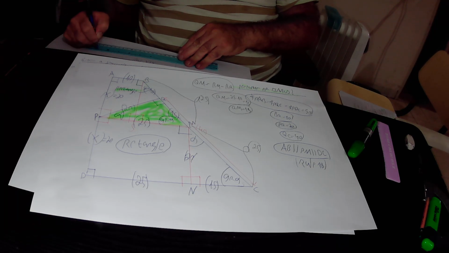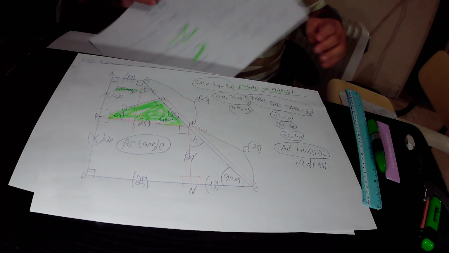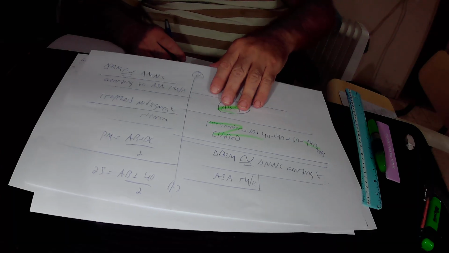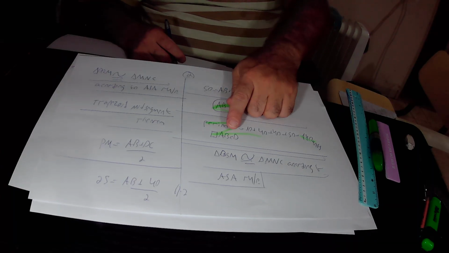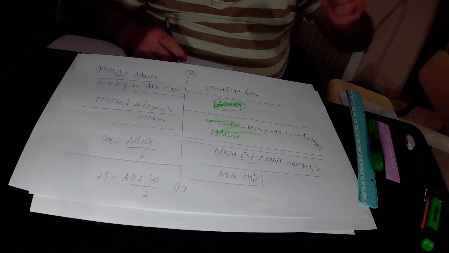Okay, again, we found that the upper right triangle BSM can go into the lower right triangle MNC according to the angle-side-angle rule.